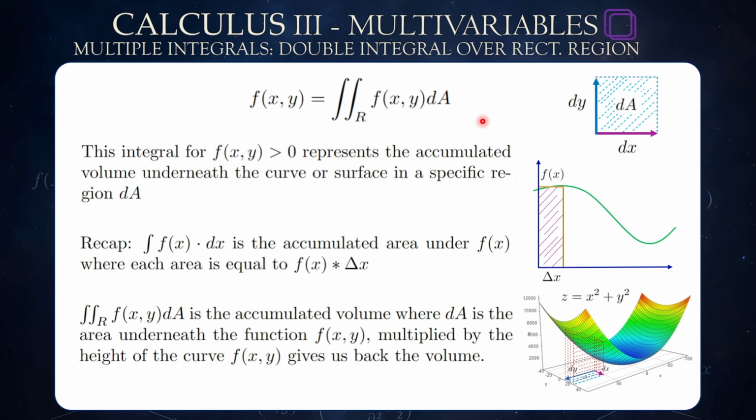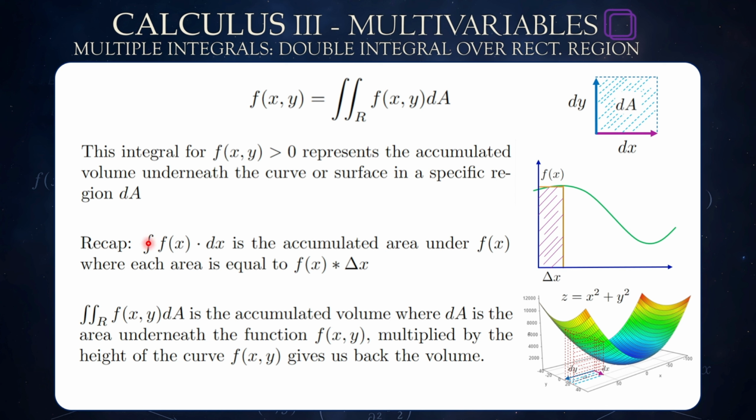Now, if we sum it up over the entire region, you get the entire area of that region when f(x, y) is equal to 1. So this integral for f(x, y) greater than 0 represents the accumulated volume, because we are multiplying the surface, the area, with the height of that function. So it represents the volume underneath the surface in a specific region, dA.